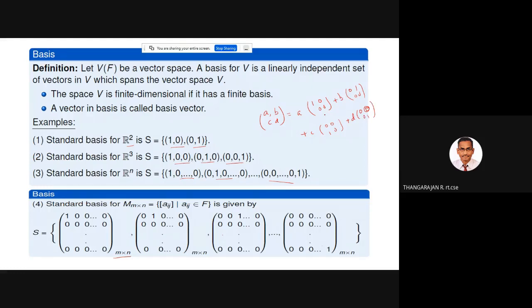Okay, so 4 bases: 1, 2, 3, 4 bases, and just multiply them, add them, you get this. So generally, any standard basis, you can have any m cross n matrix as a basis. That can also be treated as a basis.